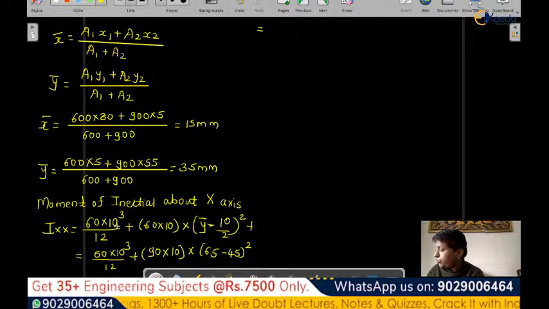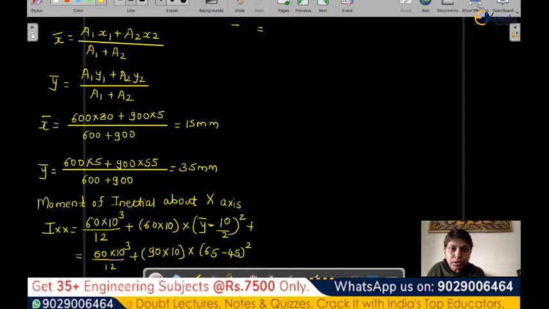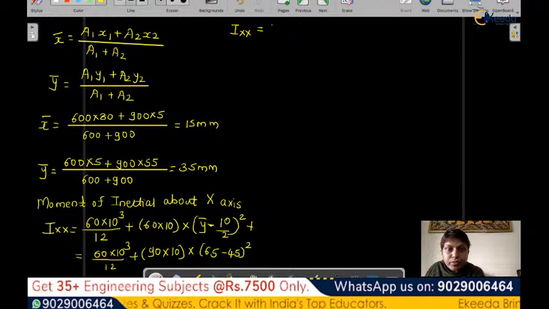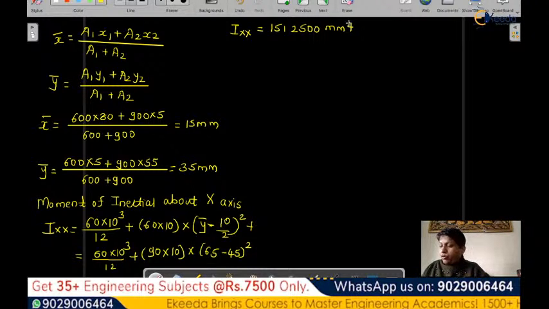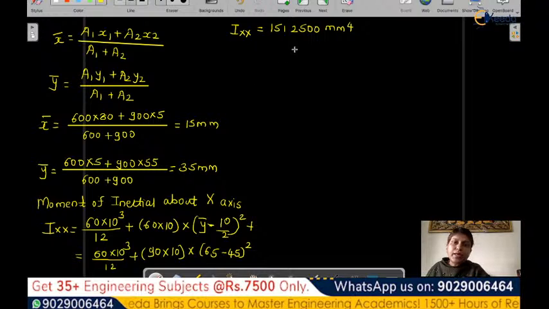So this is 60 into 10 cube. Here, as per my notes, I am getting Ixx value as 1512500. Please verify if there are any calculation mistakes and correct me if I'm wrong somewhere.